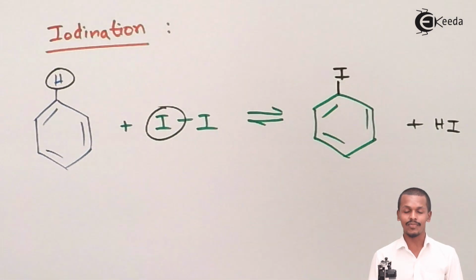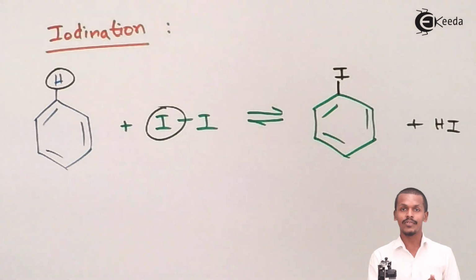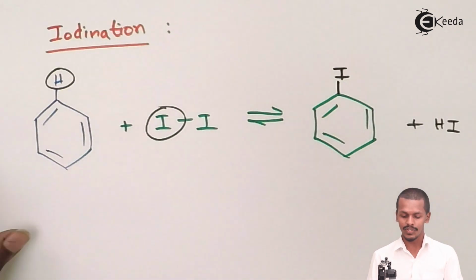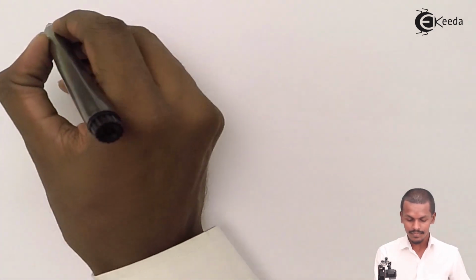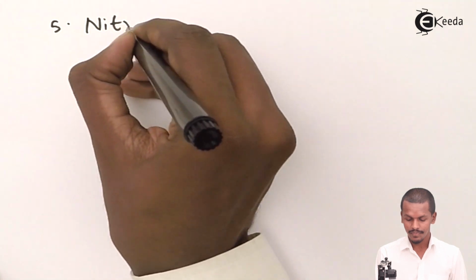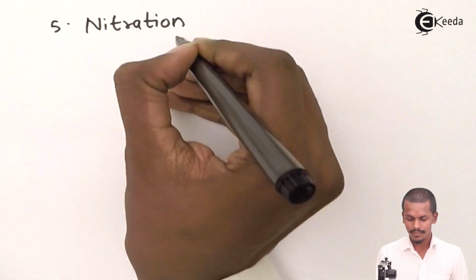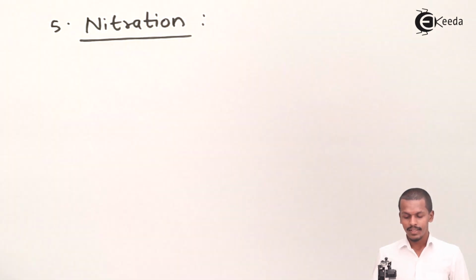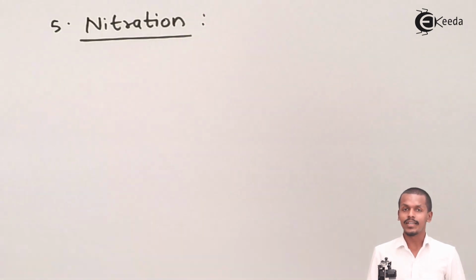And talking about the next one, we have now talked about the 4 main reactions of benzene, and now let us move on to the next one, that is nitration. Now let me talk about the nitration process.